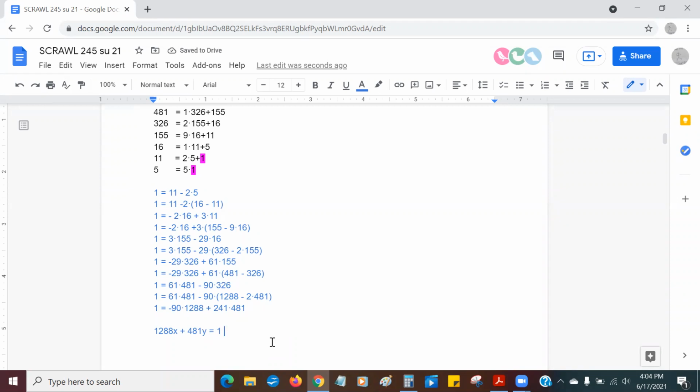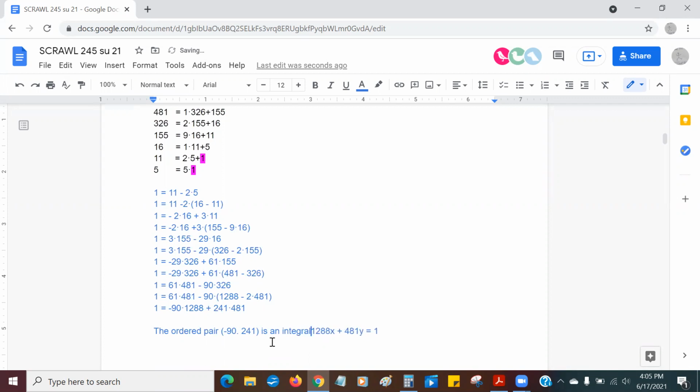So I could say that the ordered pair negative 90, 241 is an integral solution.